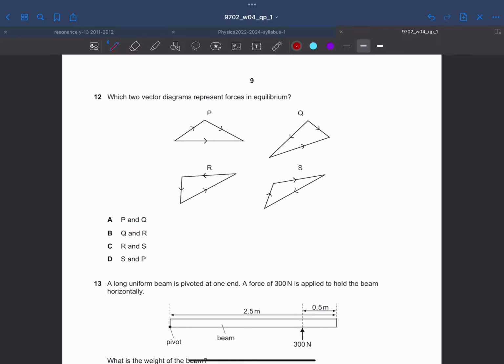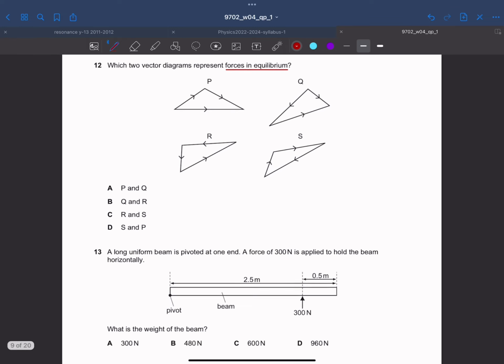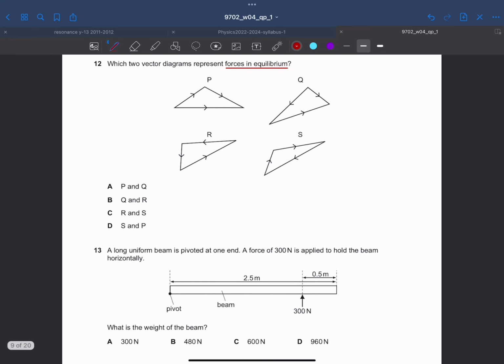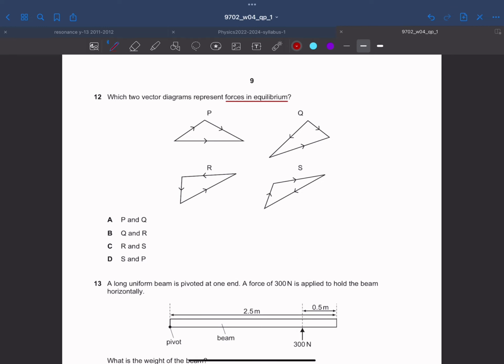Now we have another question, which is question number 12, based on forces in equilibrium. Which two vector diagrams represent the forces in equilibrium? Again, the same thing. You can go to my lecture on forces, the theory lecture in detail on my channel.